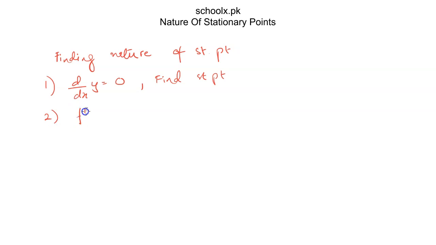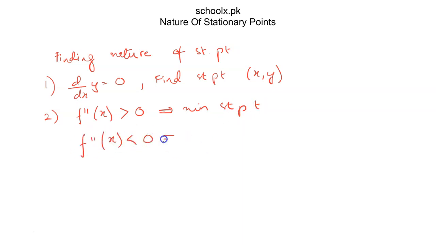Then find the double derivative. If the stationary point is x comma y, and the double derivative is greater than 0 when the x coordinate of the stationary point is put in, then you have a minimum stationary point. If it is less than 0, then you have a maximum stationary point.